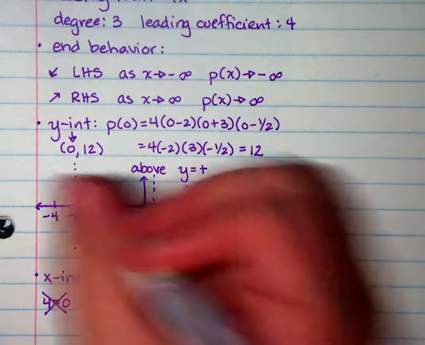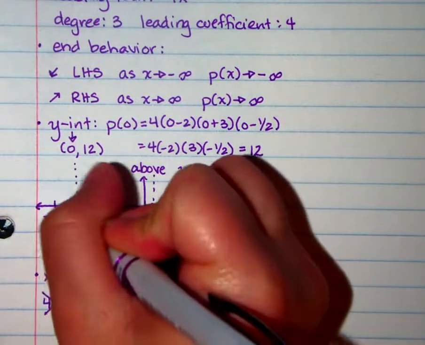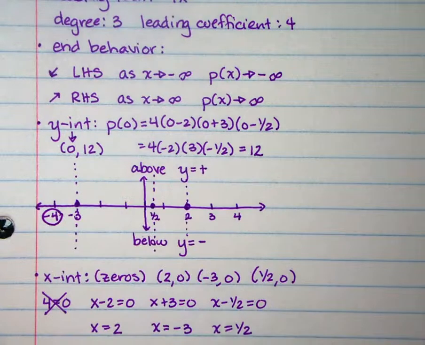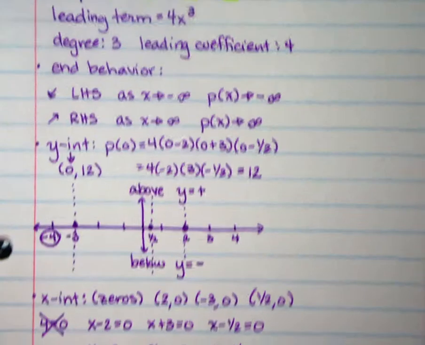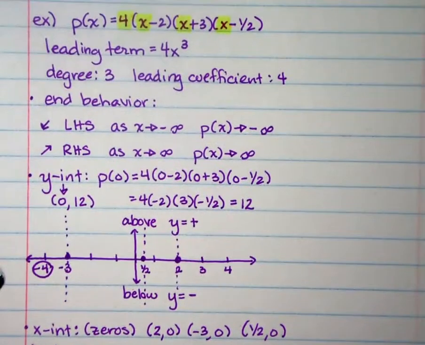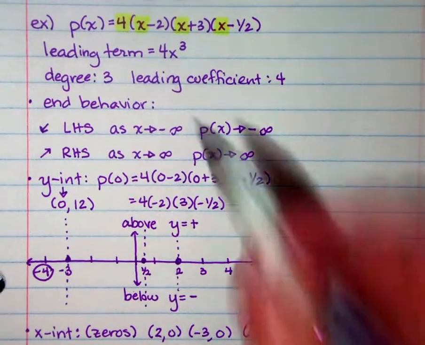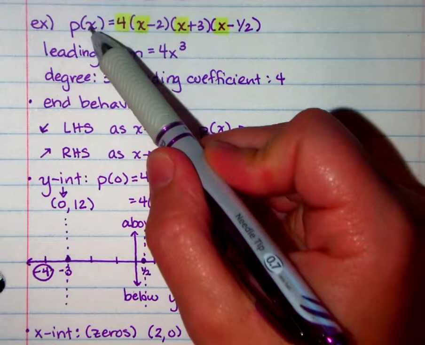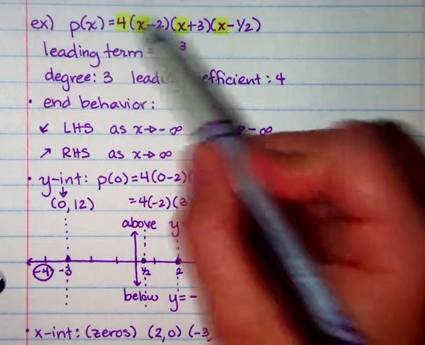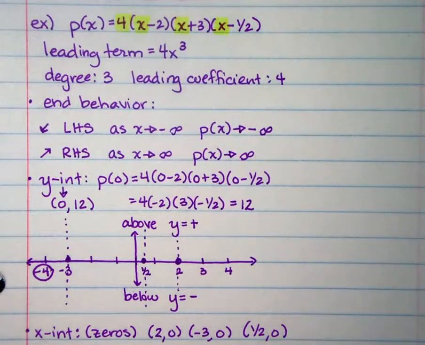And so what I'm going to do is pick something like x equals negative 4, and test that value. I'm testing that value in my polynomial to see if I evaluate this polynomial for negative 4, what is the value of my y value? Is the output value positive or negative?